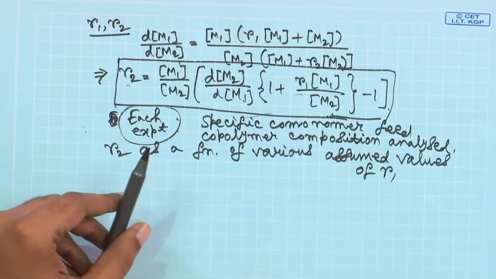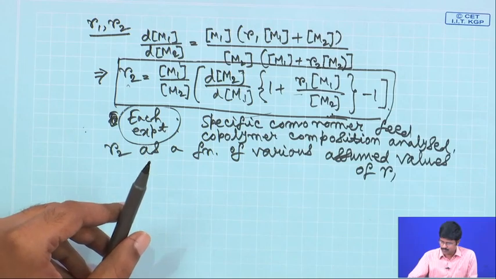Accordingly, you generate several such straight lines when you are starting with a different co-monomer feed. So, you will get the corresponding copolymer composition and you get another straight line. So many straight lines will come and then the best fit values of R1 and R2 will be the intersection of these lines. So, that will be the best values of R1 and R2.